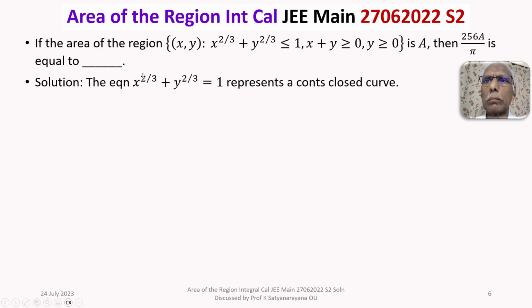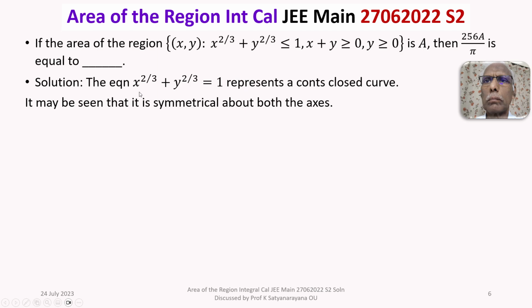So let us first of all get familiarized with this curve. The equation x to the power of 2/3 plus y to the power of 2/3 is equal to 1 represents a continuous closed curve. It may be seen that it is symmetrical about both the axes.